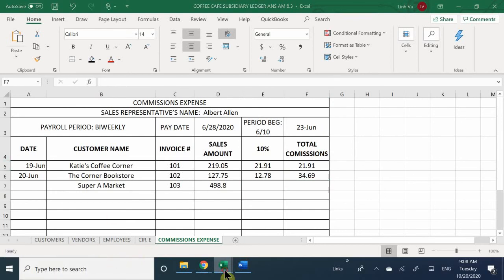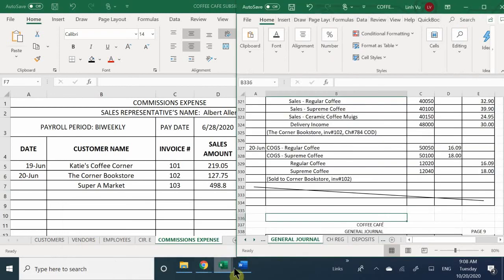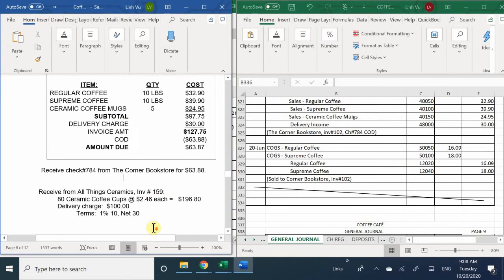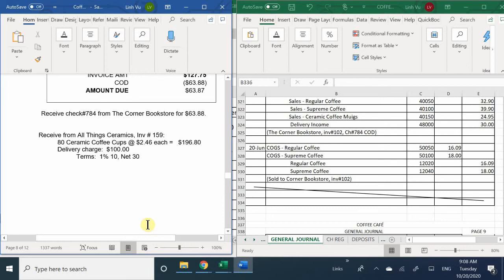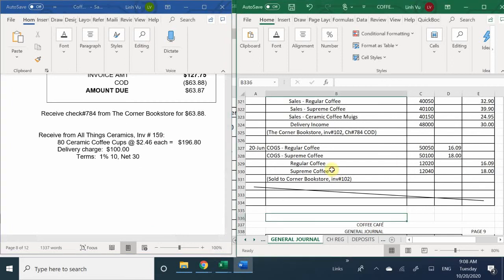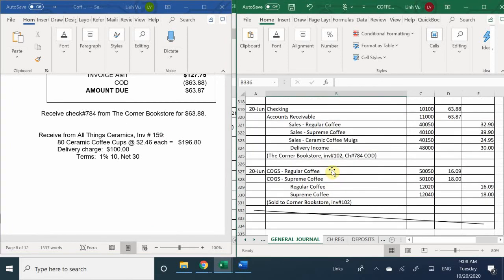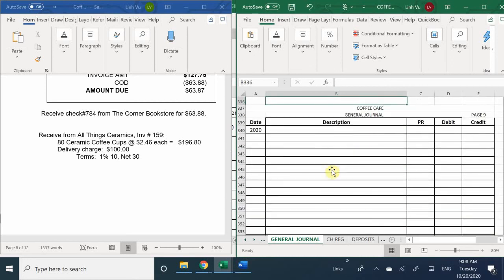Okay. What has happened next? We received an invoice from All Things Ceramic. Okay.